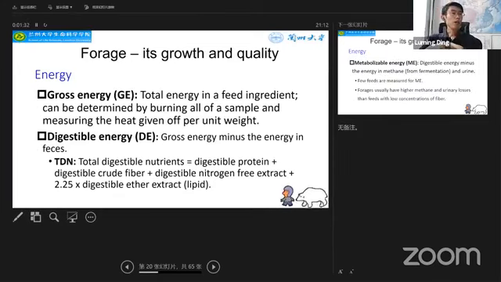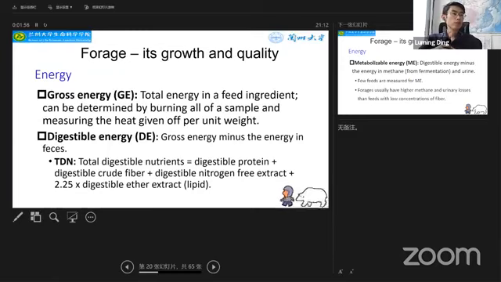Energy can be defined as the following. Gross energy is the total energy in a feed ingredient, and can be determined by burning all of a sample and measuring the heat given off per unit weight. Digestible energy is the gross energy minus the energy in the feces.